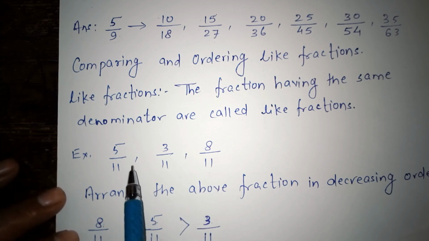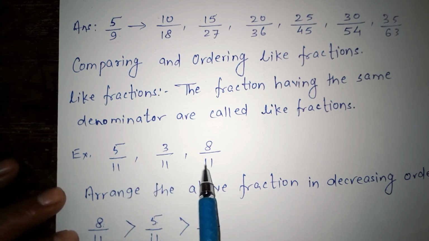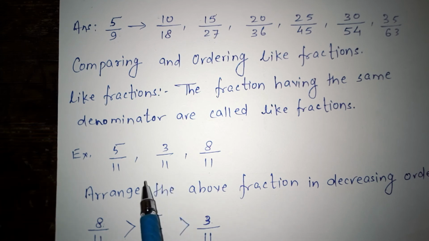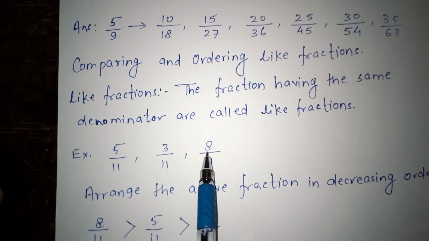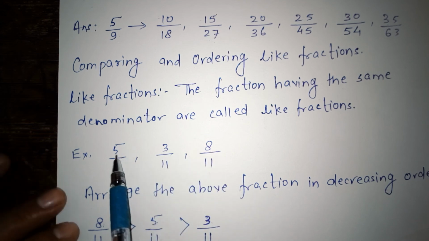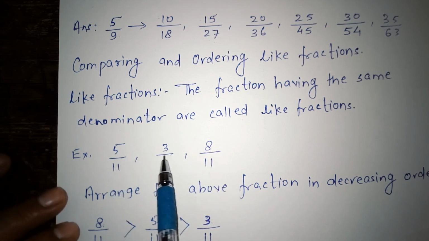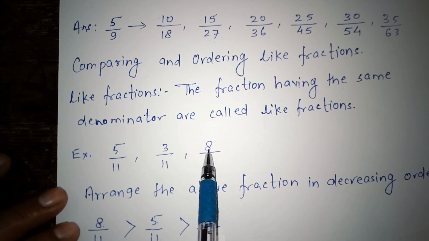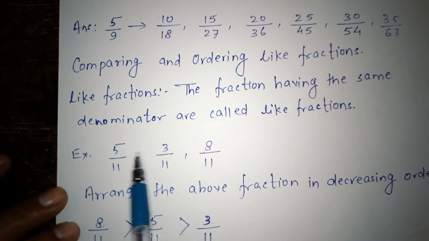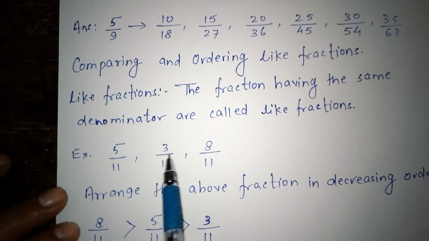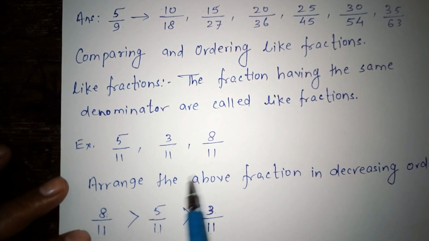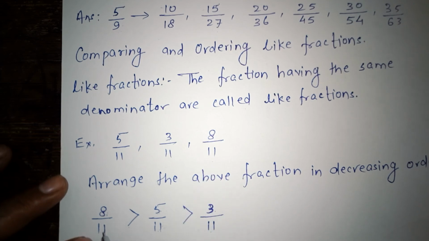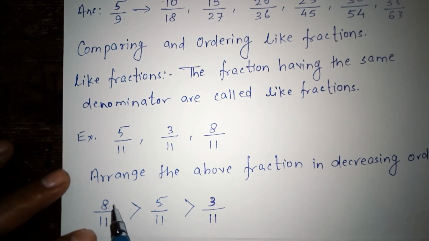Look here, denominators are equal, so you look only at the numerator. This is numerator 5, this is numerator 3, this is numerator 8. Among the 3 numerators, which is the biggest? 8 is the biggest numerator. So 8 upon 11 is the biggest fraction.